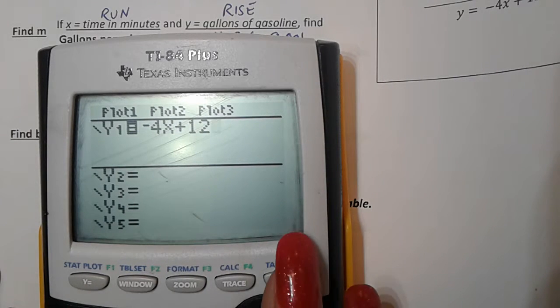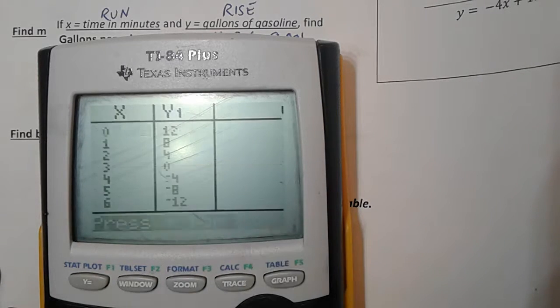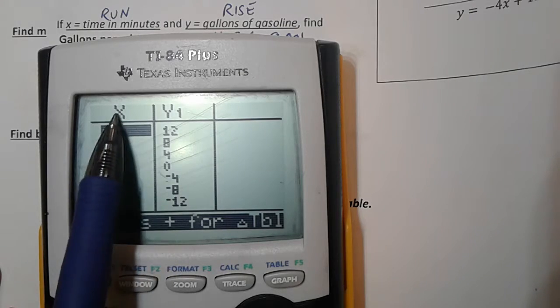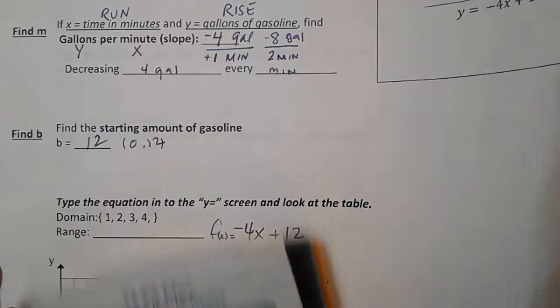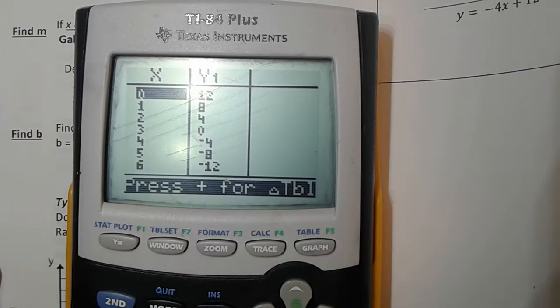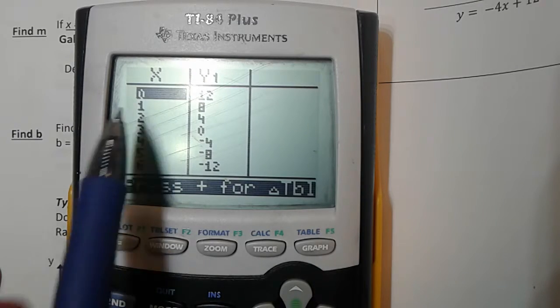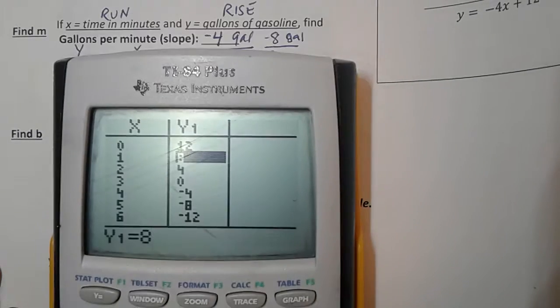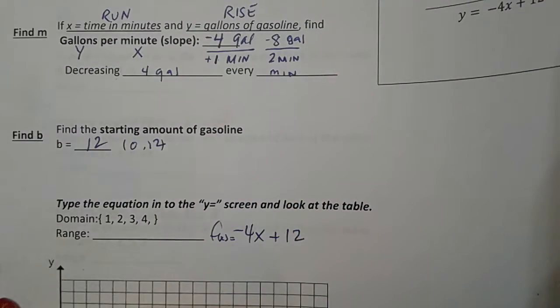Now we press second graph, not graph. We need the table. Why? I need domain values. I need range values. Domain and range. I have the domain. I need the range. So when x is 1, that's a domain value. What is the range? It's 8. You got it.